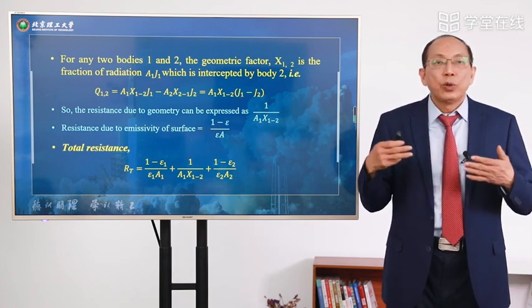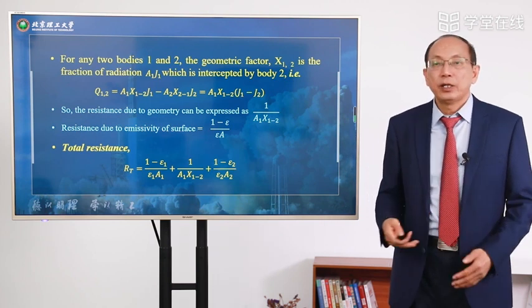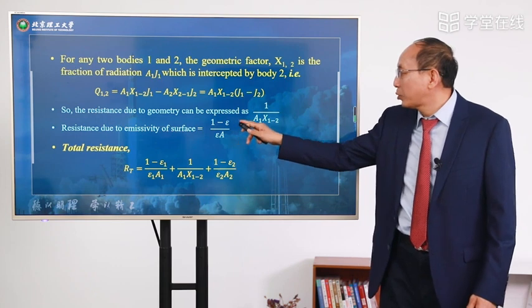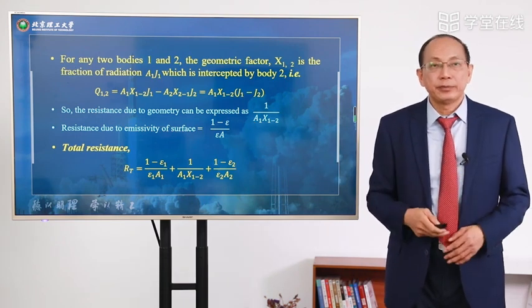The resistance due to the emissivity of a surface is (1 minus epsilon) over epsilon A, where A is the area.